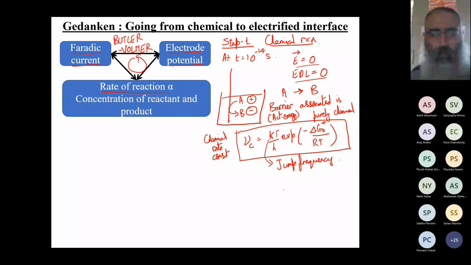Okay, so the jump frequency, what is exactly the jump frequency? Again, we are not deviating anything from chemical kinetic considerations. We are still completely within the rules of chemical kinetics. We are only relooking.